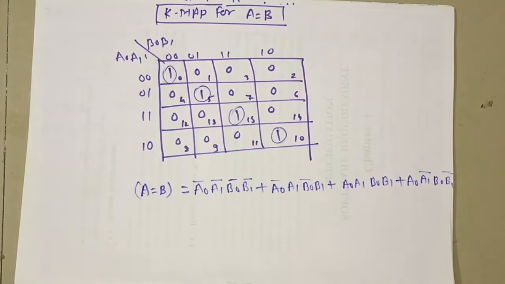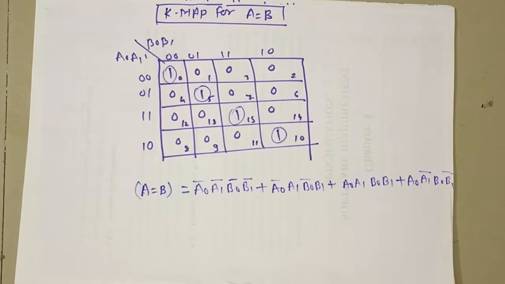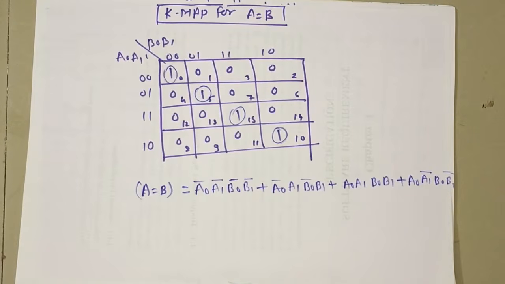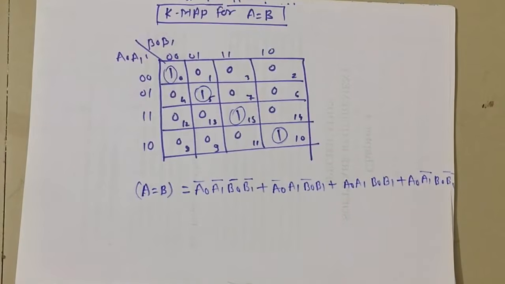For that we have to take the common factors, and then apply the Boolean laws or some theorems to simplify the equation.